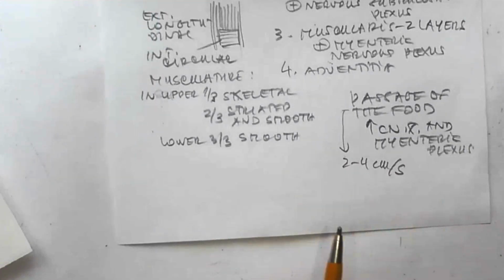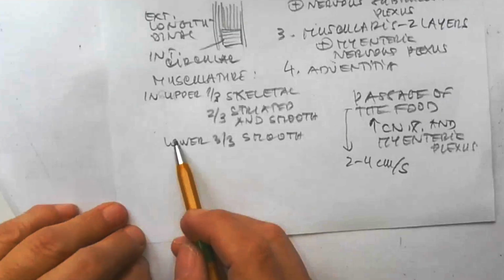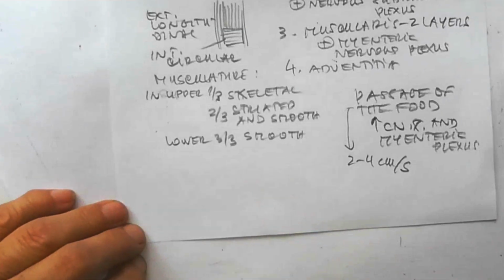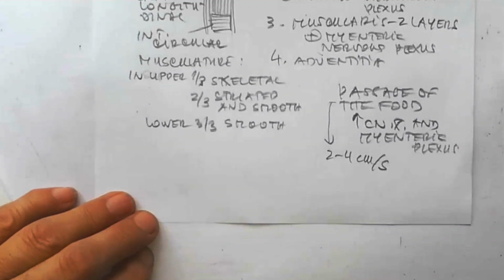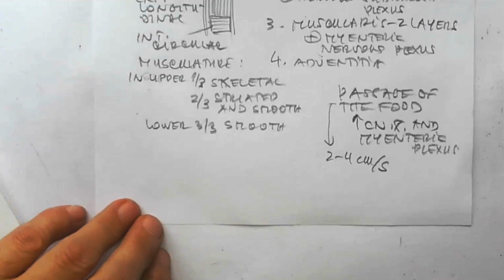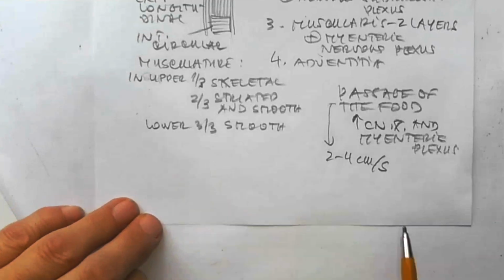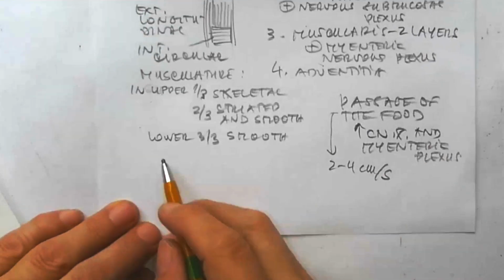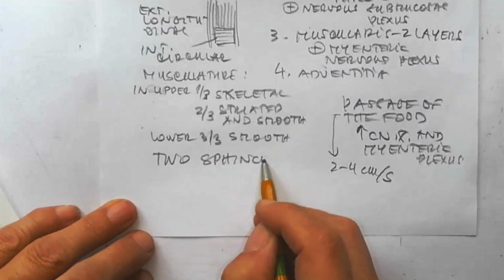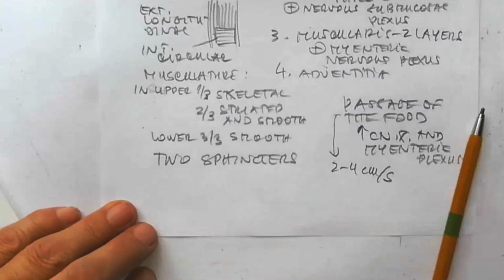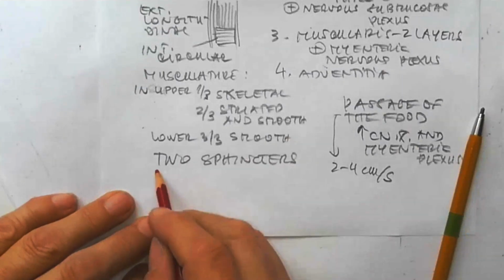The musculature is also complicated concerning the composition. We know that the esophagus, because the tube should avoid any reflux, any return, any regurgitation of the food from the stomach, has two sphincters.